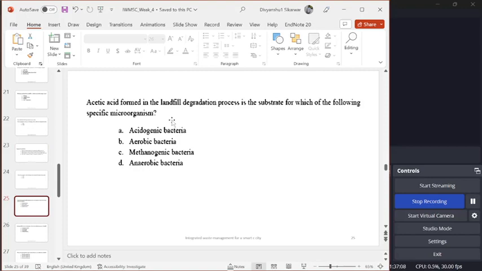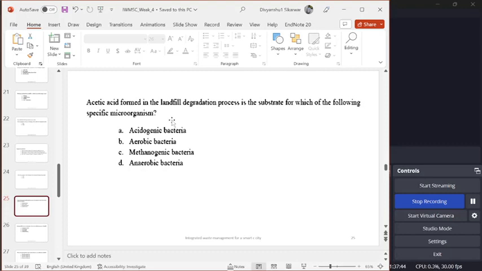This we discussed in probably the first and second week lectures, where we covered the anaerobic digestion process, which consists of four steps: hydrolysis, acidogenesis, acetogenesis, and methanogenesis.